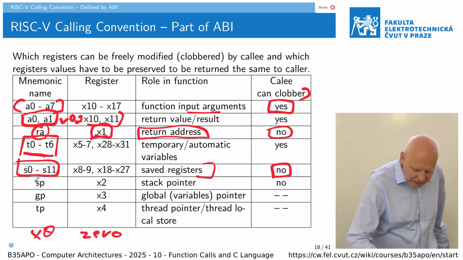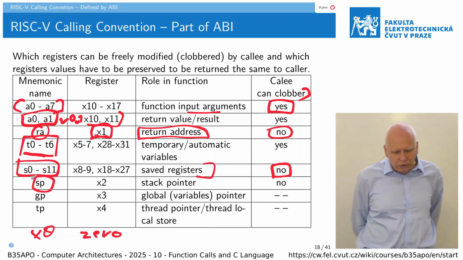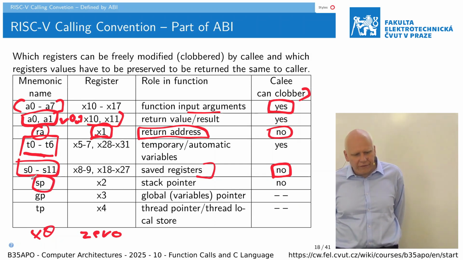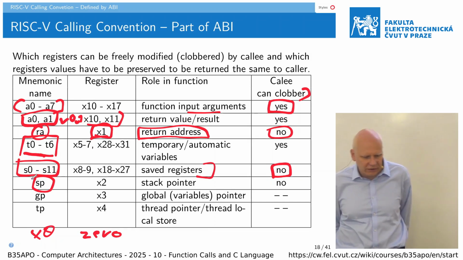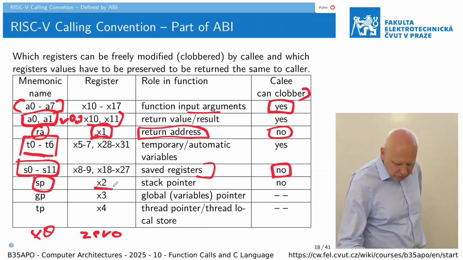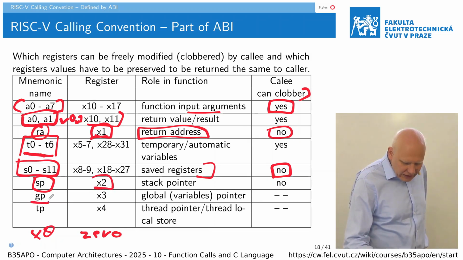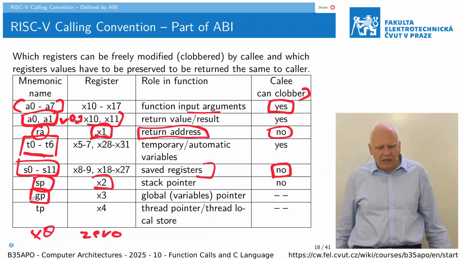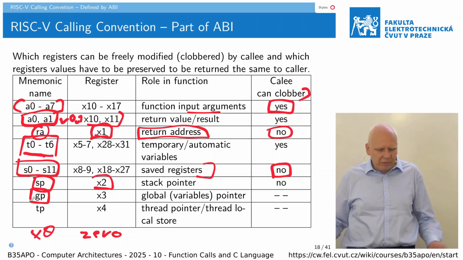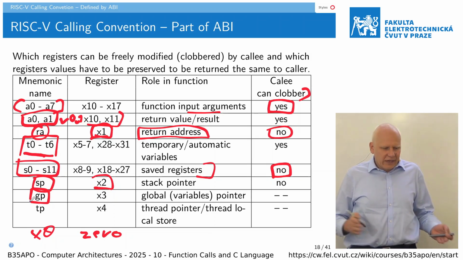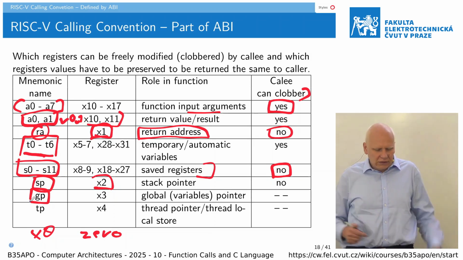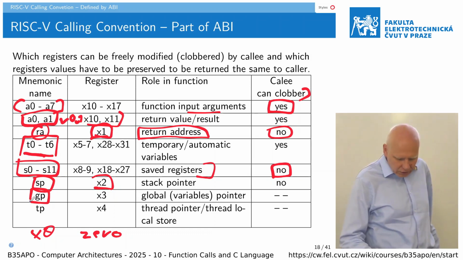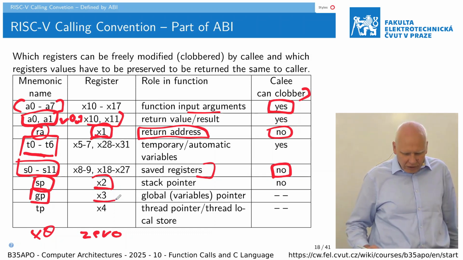Then there is the stack pointer, which allows working with the stack, allocating space on the stack. It is mapped to the X2 register. And then there is the global pointer, which points somewhere into the area of the global variables, because we are not able to address the whole 32-bit range easily. So this points to the area of global variables.